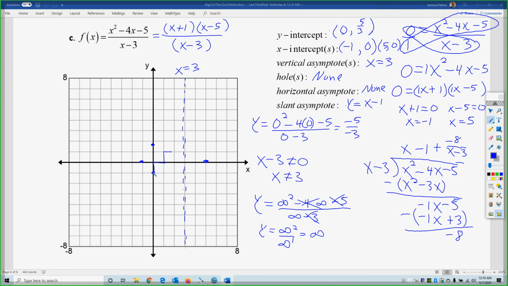Did I miss that? I did miss a little bit. Okay, a little sloppy, but we got it in there. So this needs to be in there. Okay, so there is our slant asymptote, which isn't the greatest, but I think I got it in there.